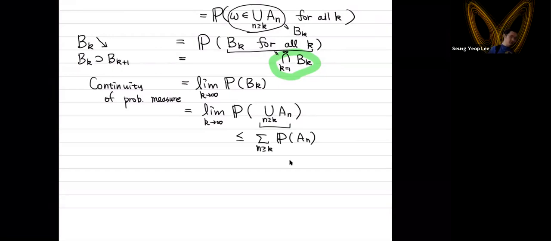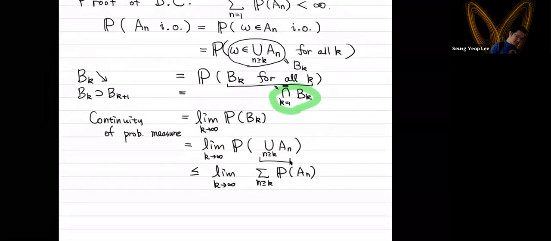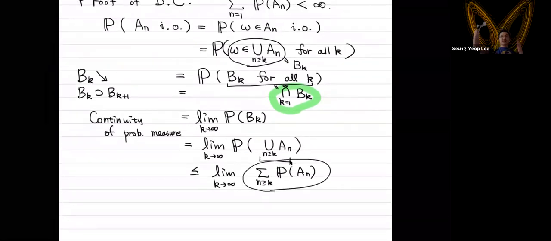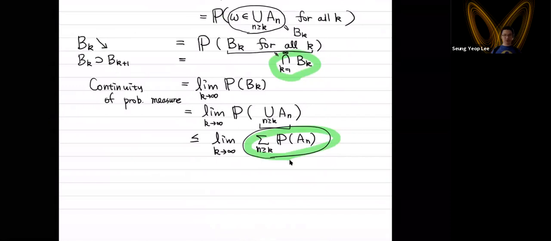Therefore, it's smaller than this. And what is this? This is the infinite summation after k. This is the full summation. This is the truncated summation.